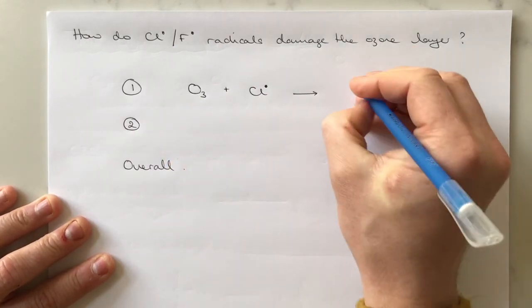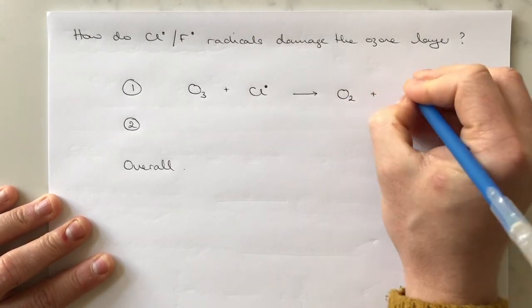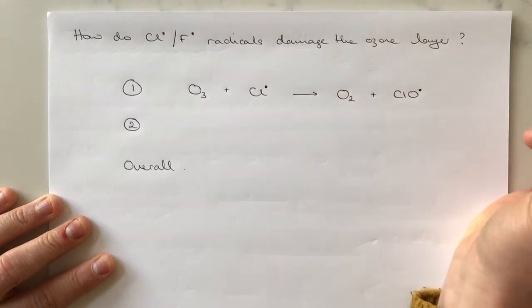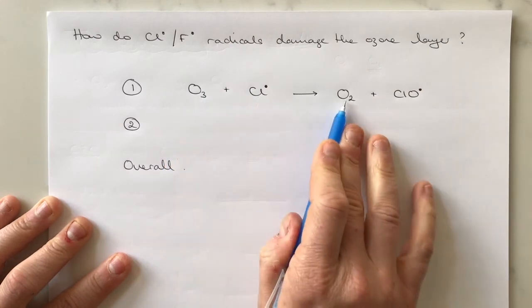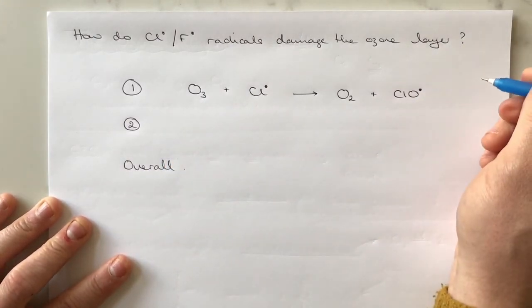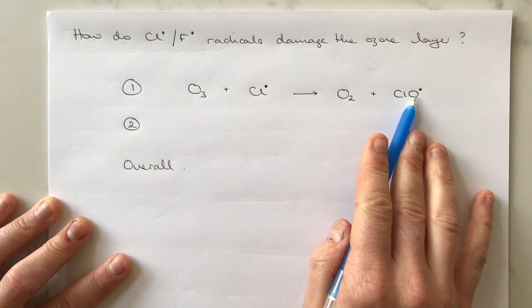So O3 will turn into O2, and in doing so it makes a ClO radical. This is called a chlorate radical. Okay, so already an O3 molecule has been turned into an O2 molecule. So this is a bit like a propagation step, if you like, because we start off with a radical, we form a new radical in the end of that reaction.